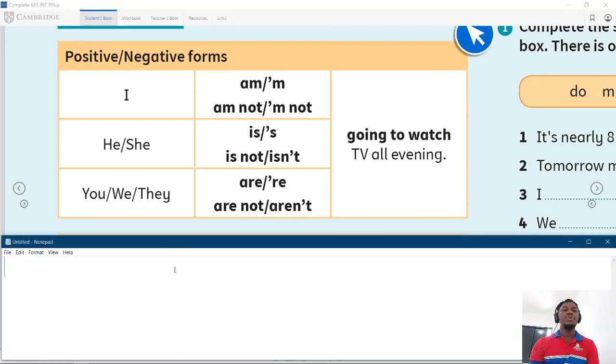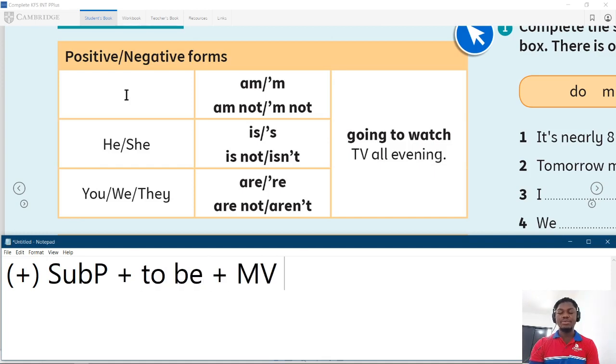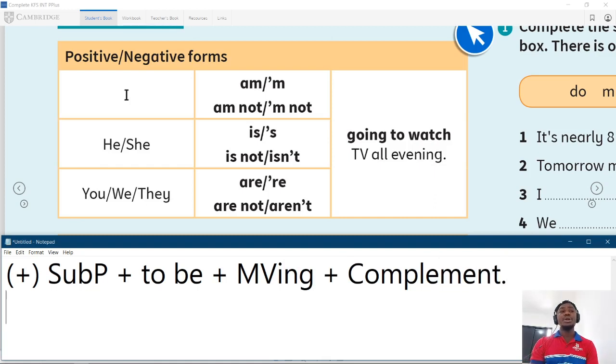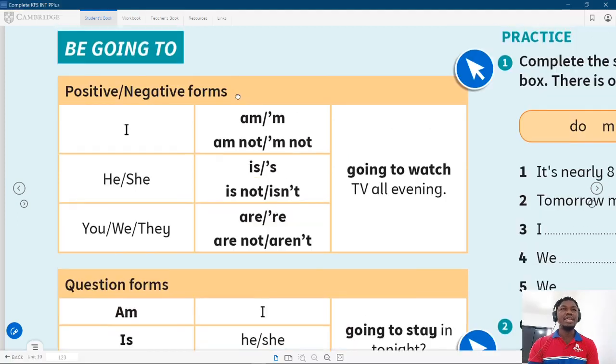Okay, so for present continuous affirmative, we have subject pronoun, plus verb to be, plus the main verb plus ing, plus complement.